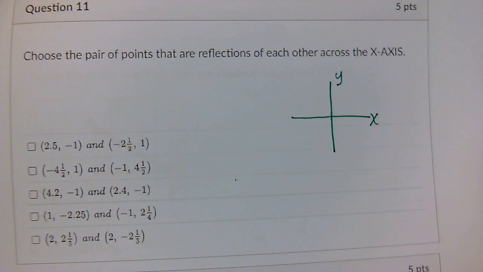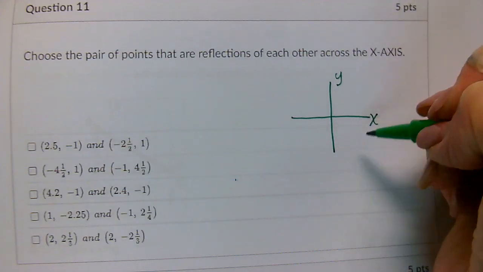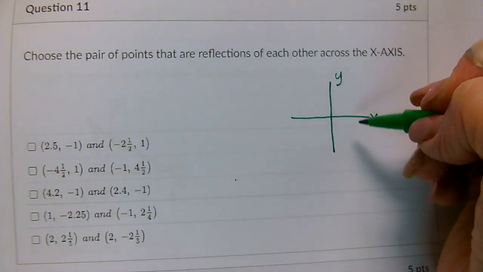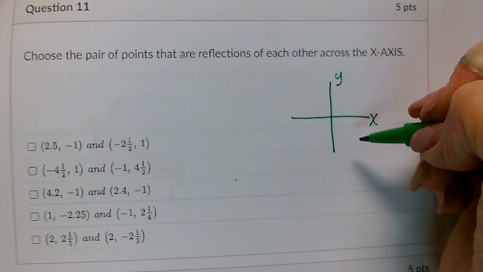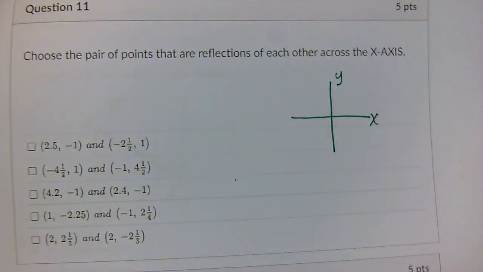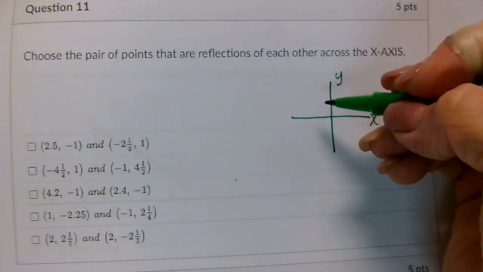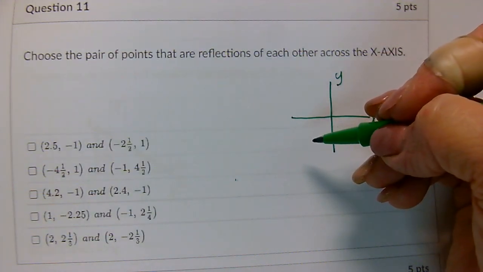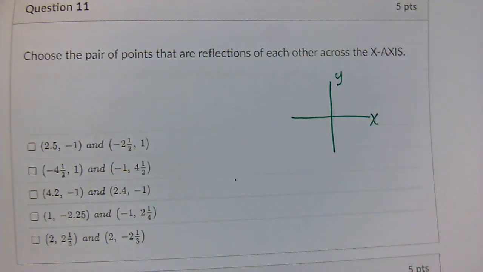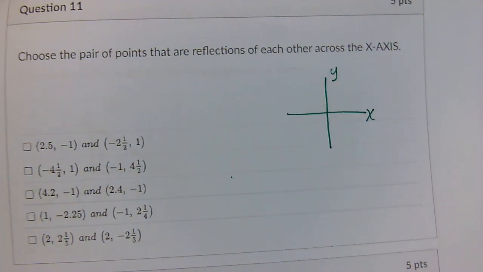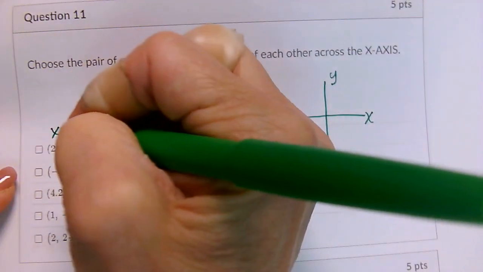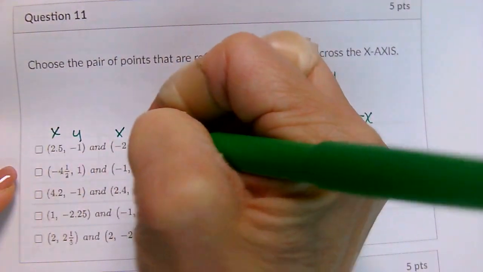Keep in mind the rules are, if it's reflecting across the x-axis, that means that the x's are the same, but the y's are opposites. Keep that in mind. First is x, second is y.